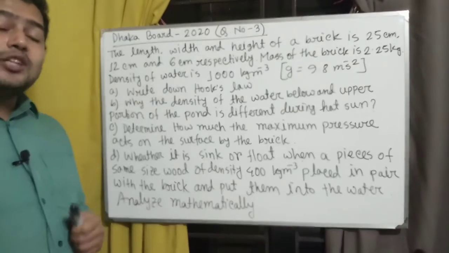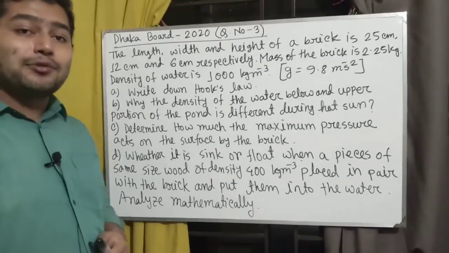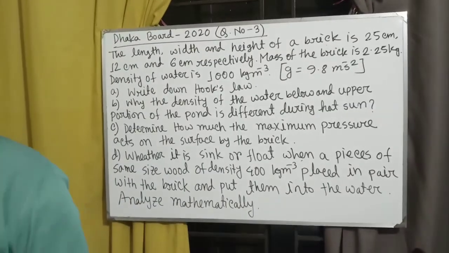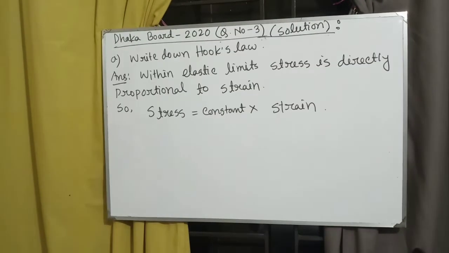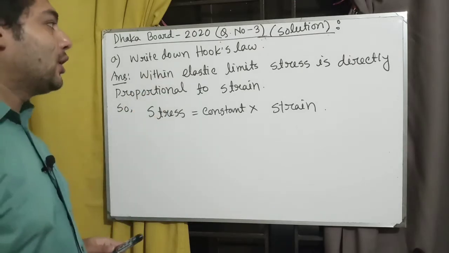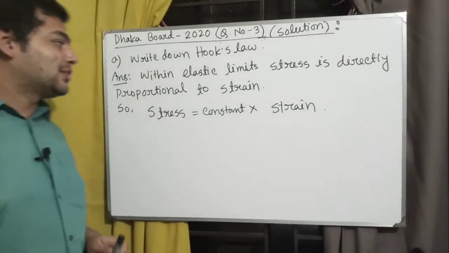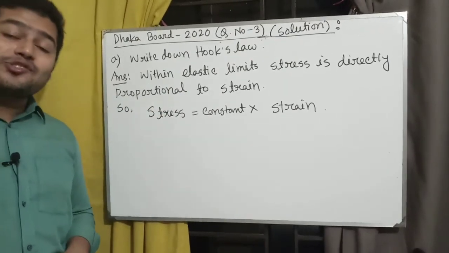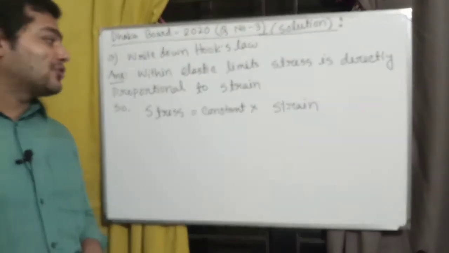Now we will try to solve this creative question part by part. Our question number A is write down Hooke's law. Okay, the answer is within elastic limit, stress is directly proportional to the strain.